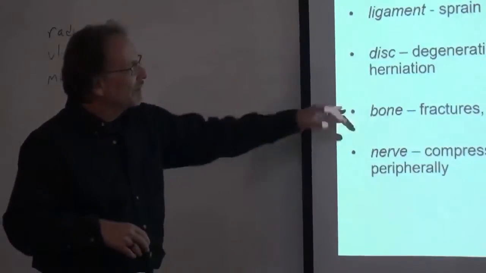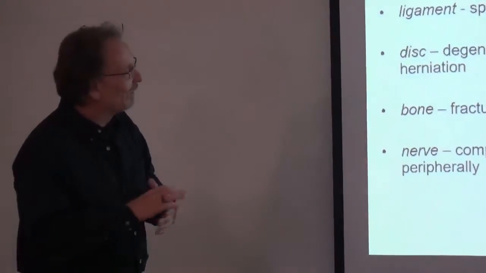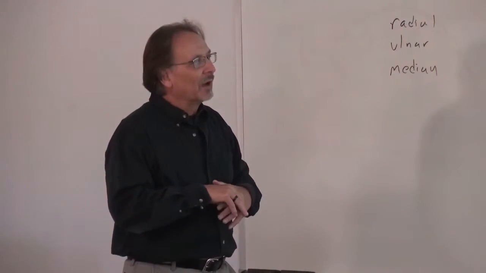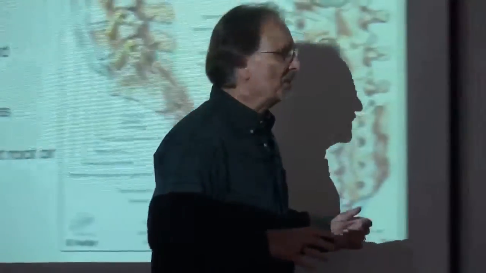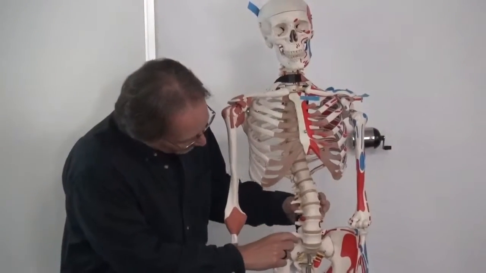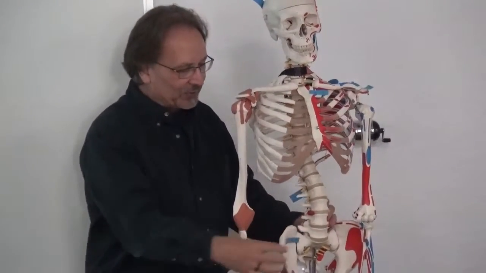And then you can have fractures and breaks of the bone, and the nerves are all has to do with compression of the nerve root. It's either from degeneration of the disc or it's from stenosis.